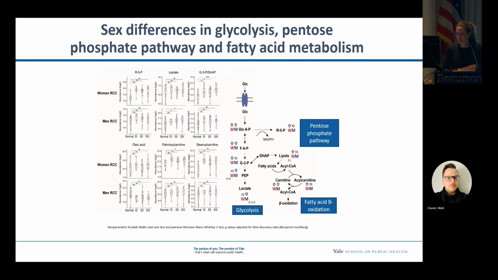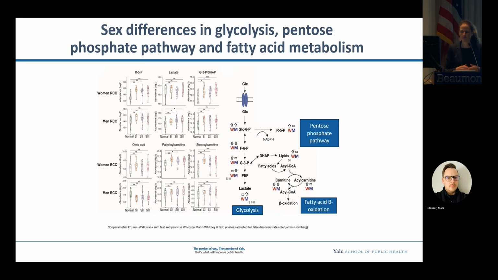And on the right side of this diagram are 3 metabolic pathways: glycolysis, the pentose phosphate pathway, and fatty acid beta oxidation. What we saw was that in general, in the tumors from male patients, glucose is primarily oxidized into lactate through glycolysis.